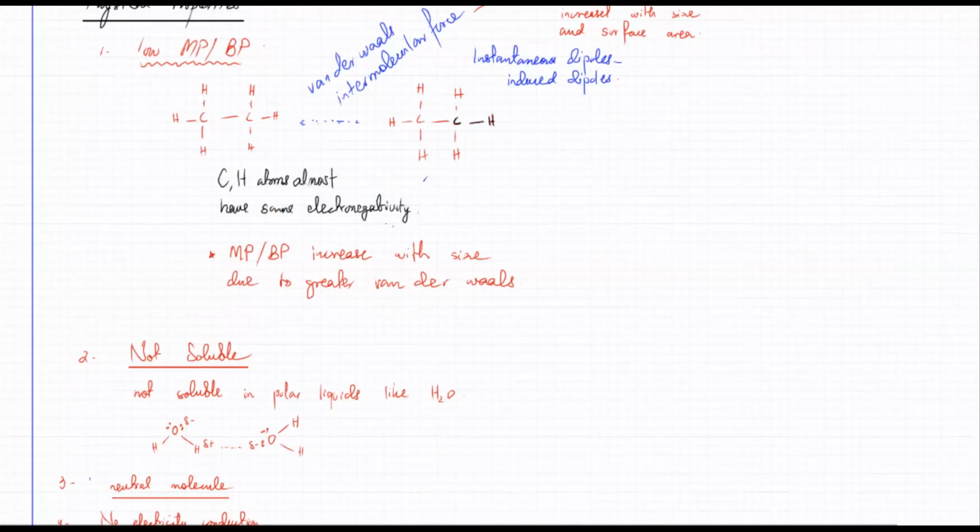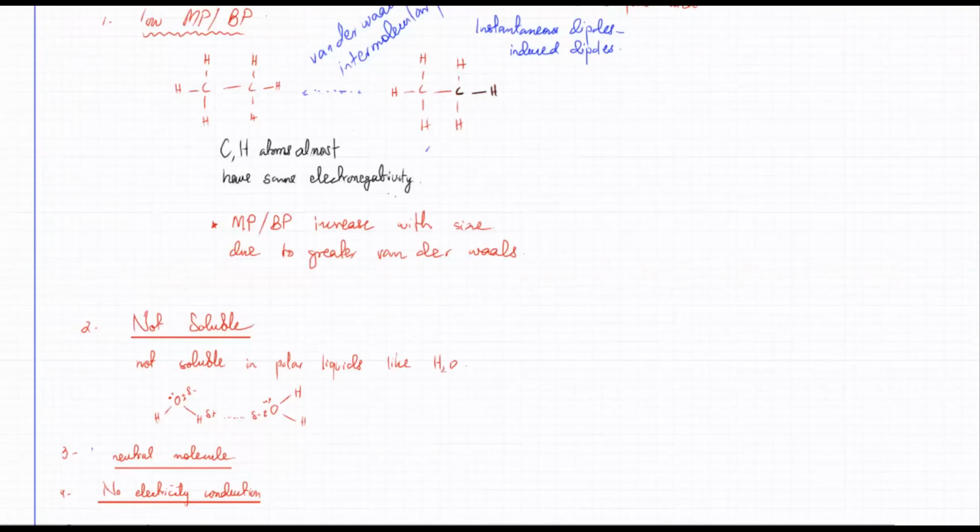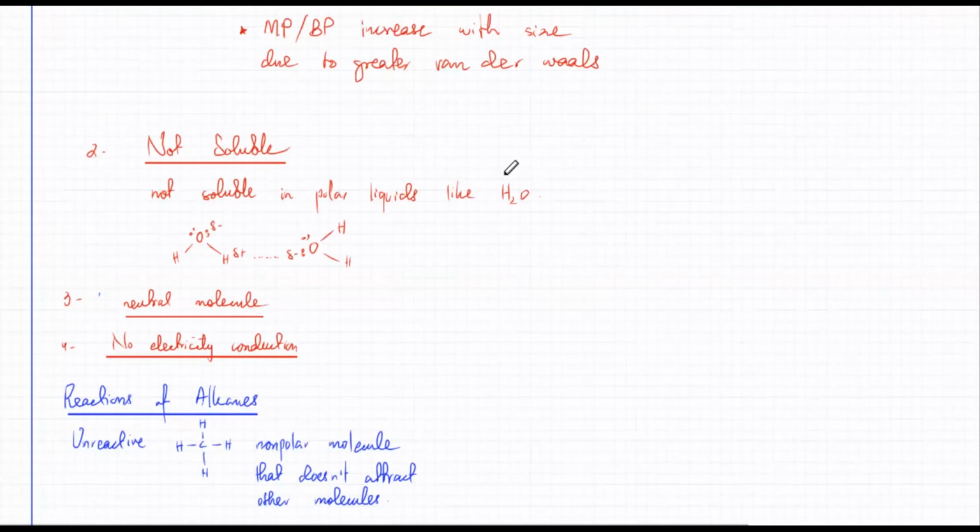They were not soluble in polar liquids like H2O because I told you that water molecules are very polar, so they're not going to attract alkanes. But remember, alkanes will dissolve in non-polar solvents.